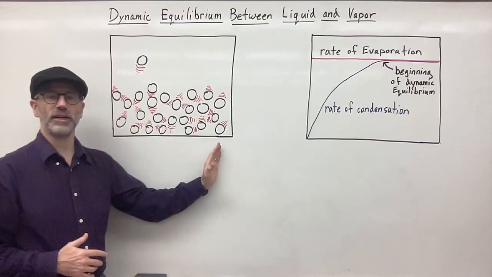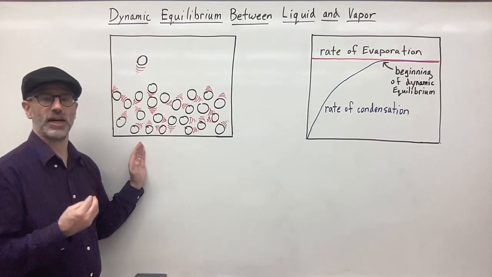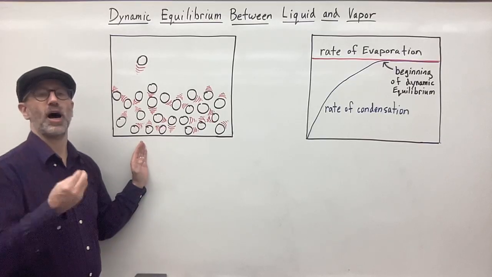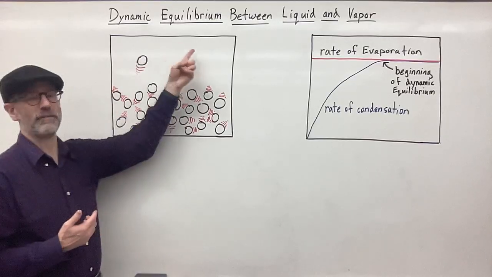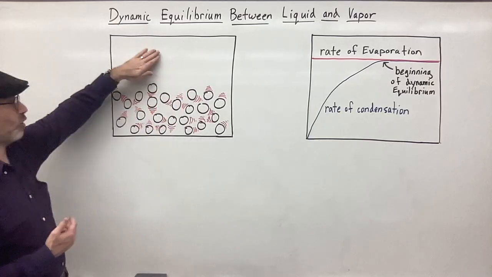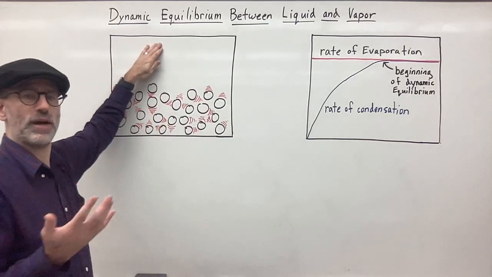So the rate of evaporation is going to be larger than the rate of condensation in the beginning. In the very beginning, we don't have any vapor particles, so without vapor particles, you don't have condensation.